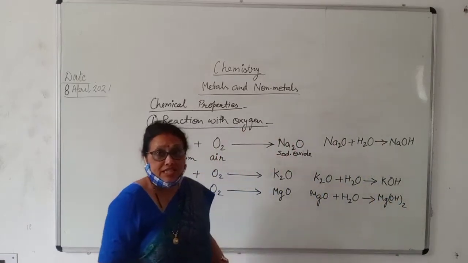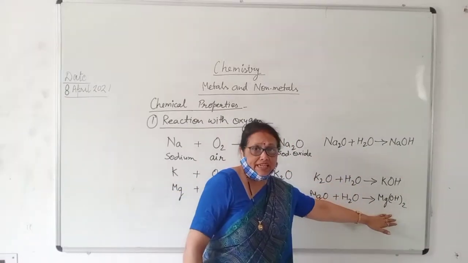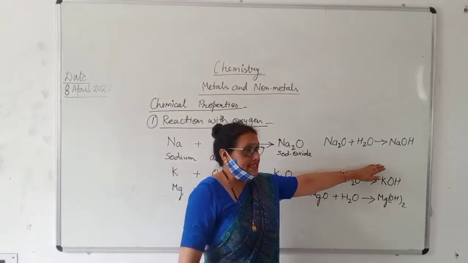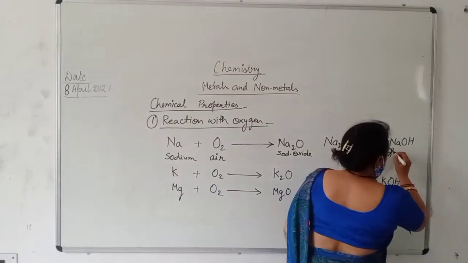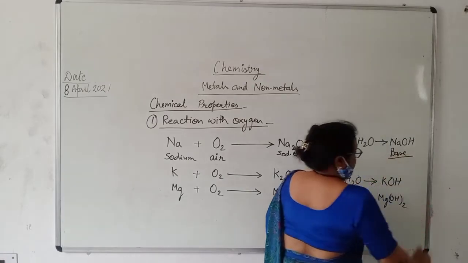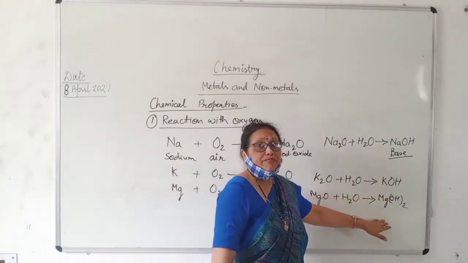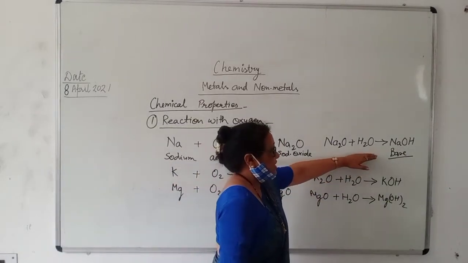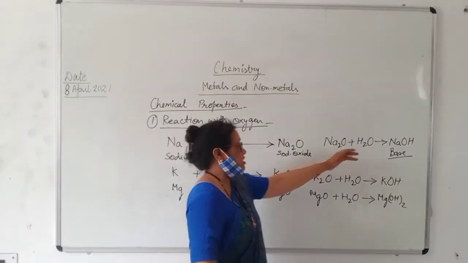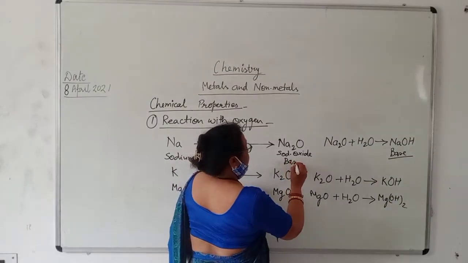Now, because we are getting hydroxides in all three cases, and these hydroxides are bases. You know, in class 7 you have studied acids and bases. These hydroxides are all bases. So we can say that if we get a base on dissolving in water, then these oxides are basic in nature.